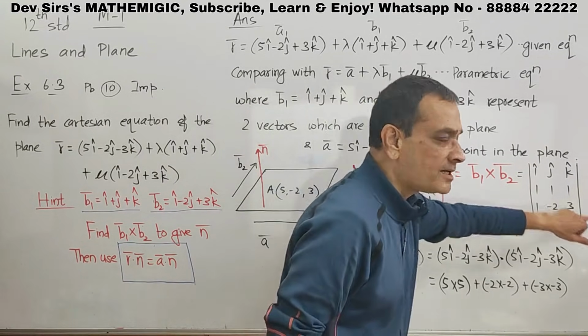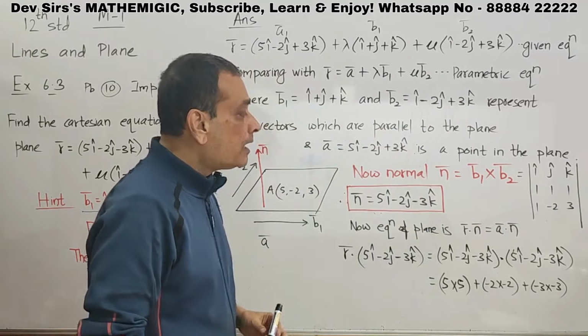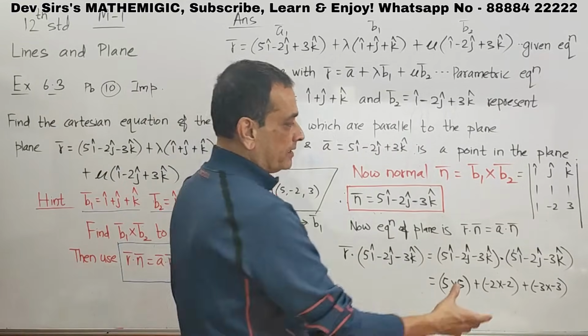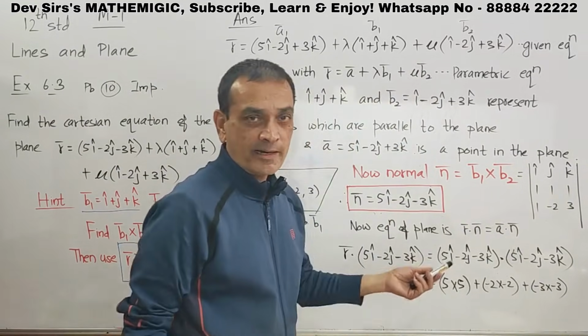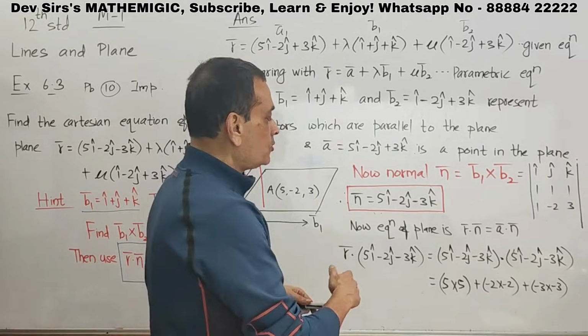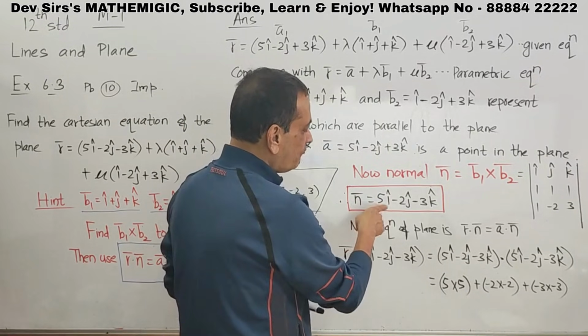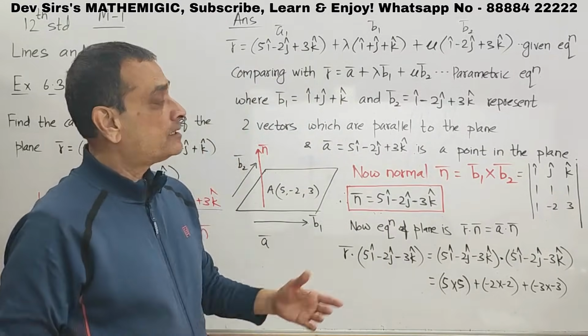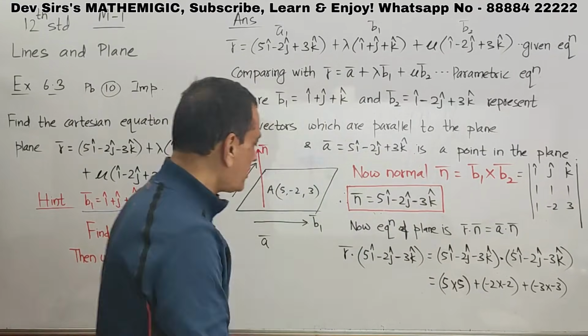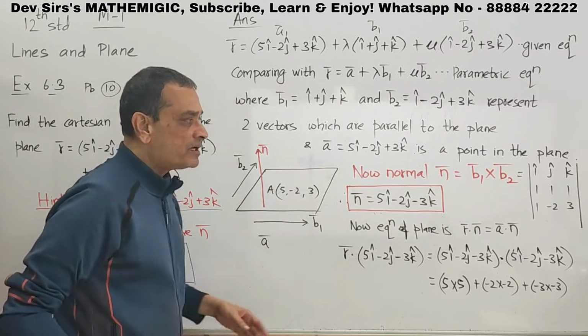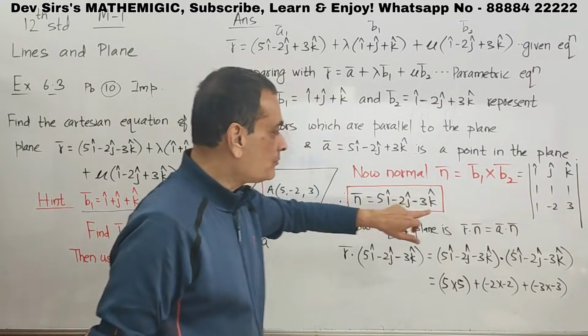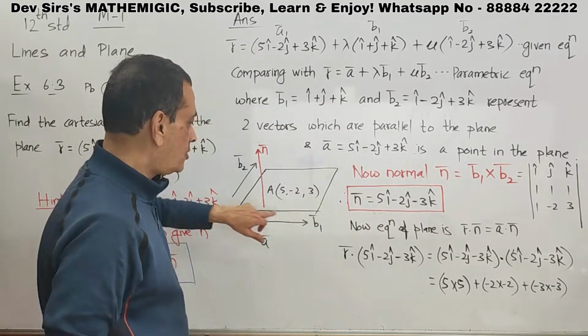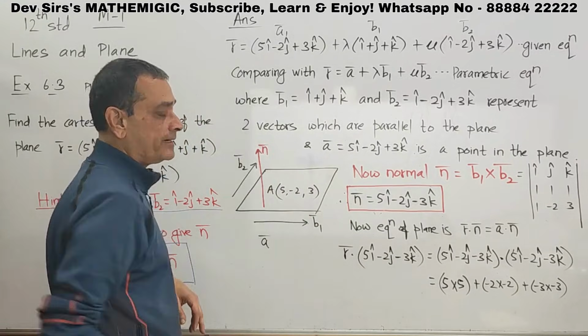These are called direction numbers or direction ratios. Now, when you expand the determinant, I'm not going to expand right now because it is a basic thing. You get n bar equal to 5i - 2j - 3k. That means I have found the vector product of B1 and B2. B1 cross B2 directly gives us the normal, perpendicular to the plane.